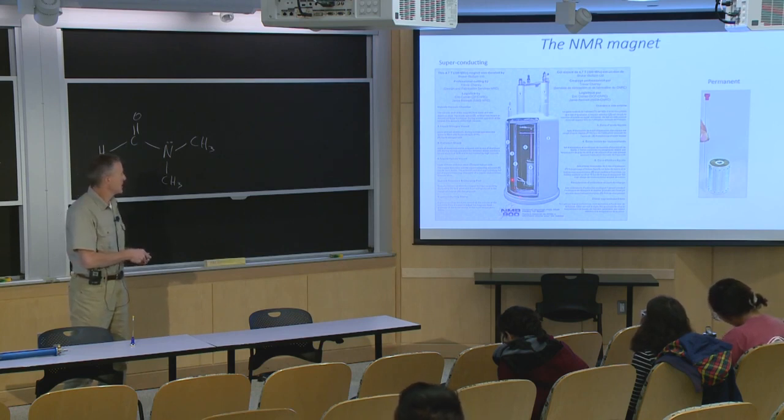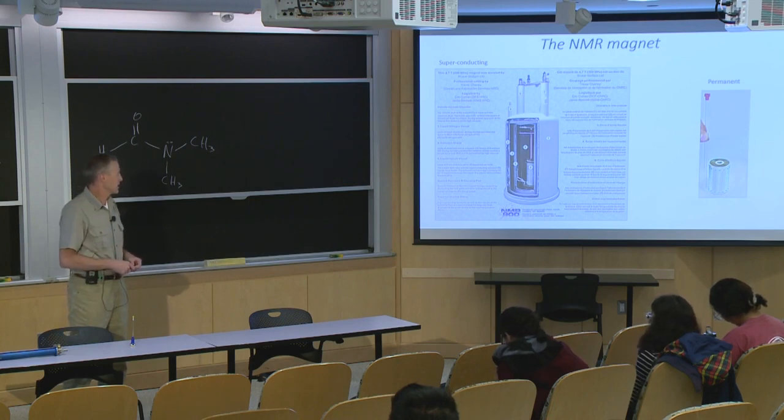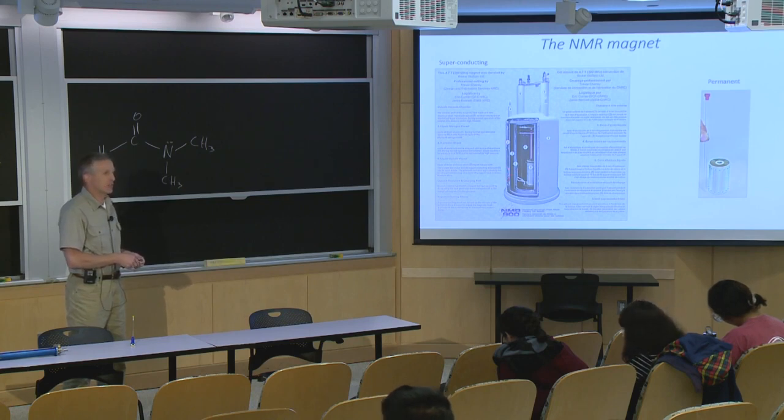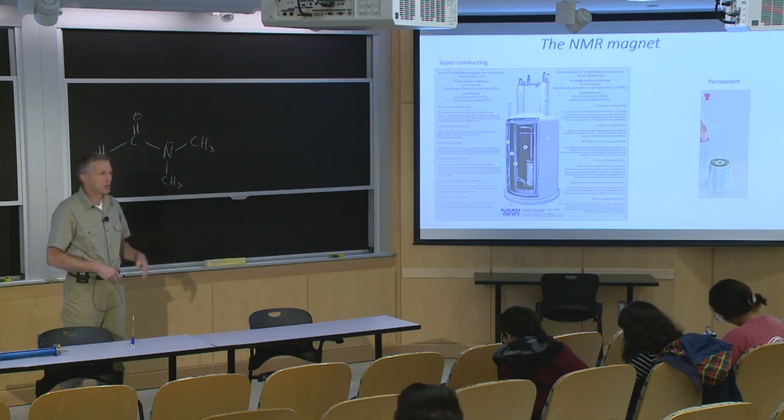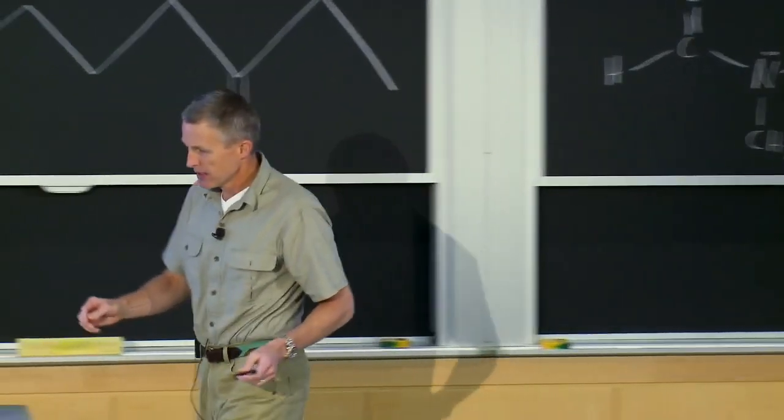Outside of that is a layer of liquid nitrogen, and we fill that weekly, and that just cuts down on any thermal transmission, even though you've got a high vacuum there. And then outside of that is another high vacuum layer, and then the room. And so you can walk up to the can and touch it and it won't feel cold at all. So that's what the magnet consists of.